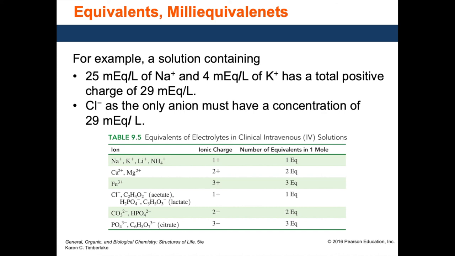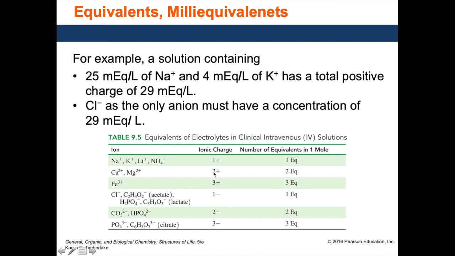Okay, but be wary that the charge of your ions will come into play here when determining your equivalents for 1 mole of that solution. So if you have 1 mole of sodium ions, it would give you 1 equivalent. But if you had 1 mole of calcium ions, that would be 2 equivalents because each calcium ion has a 2+ charge.